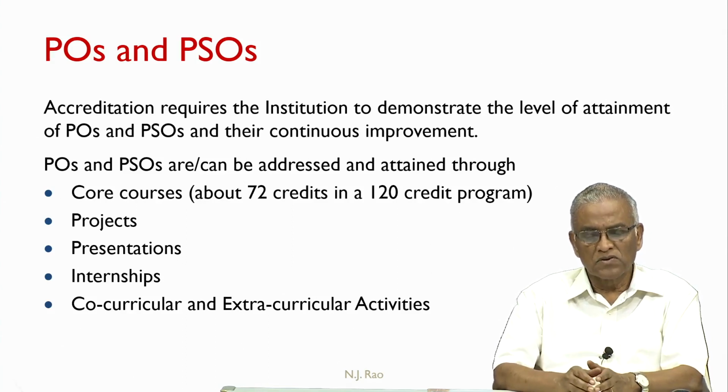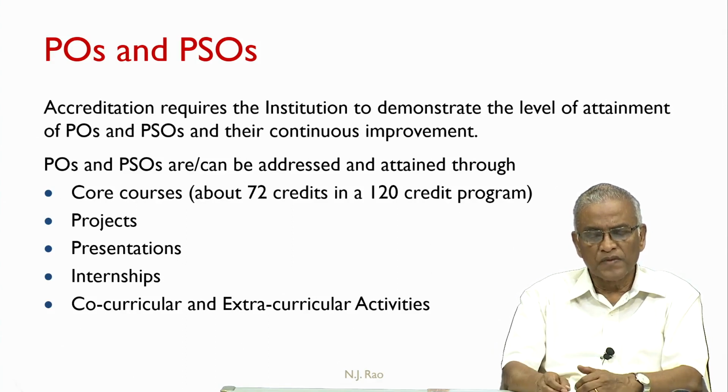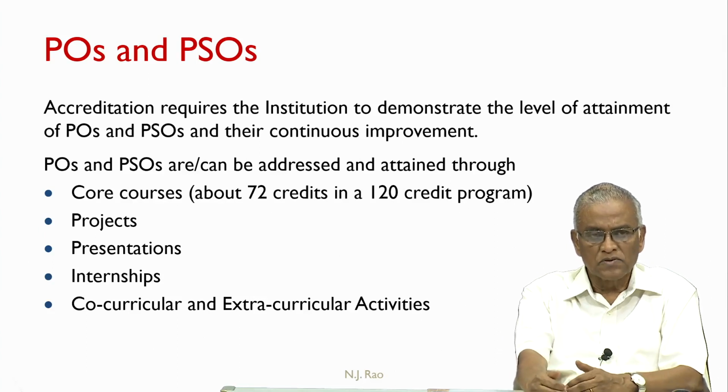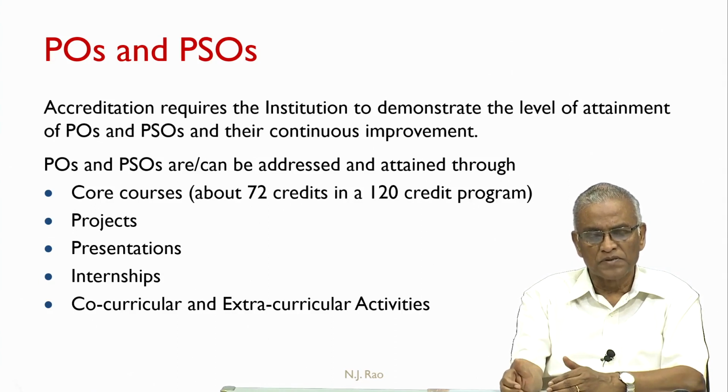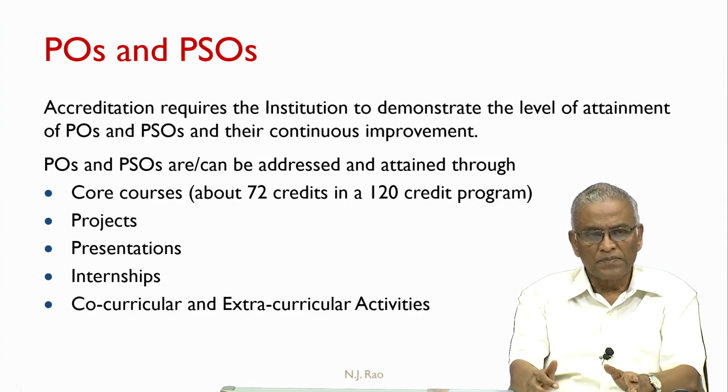That means you take one batch of students. In general, at the undergraduate level you have a 3-year program, and from one batch to the other you are improving the performance of the students. That means you are putting in efforts to improve student performance.